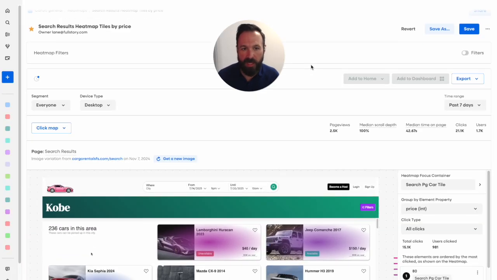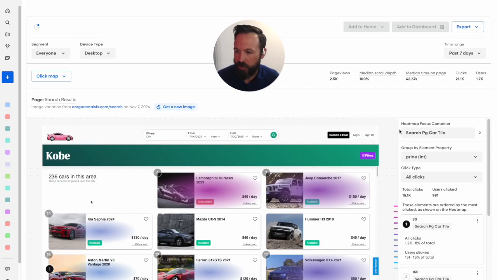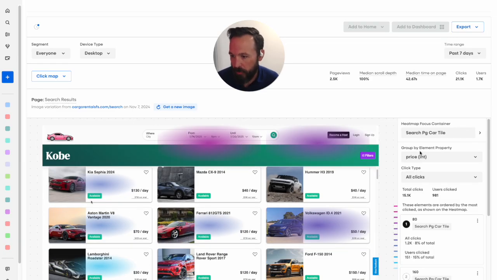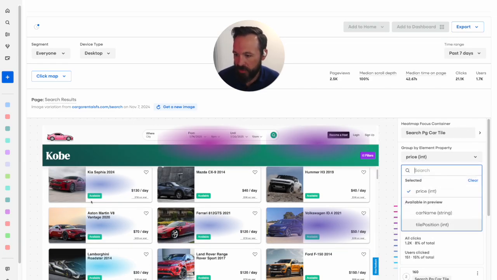So here we've got a conversion. No, this is just a click map using extracted properties, where we're extracting the price off of all the cards and using that as an indicator to show us the attractiveness or interaction rate based on the price of the car. Here you can see we're pulling out price, or I can pull out car position or whatever.